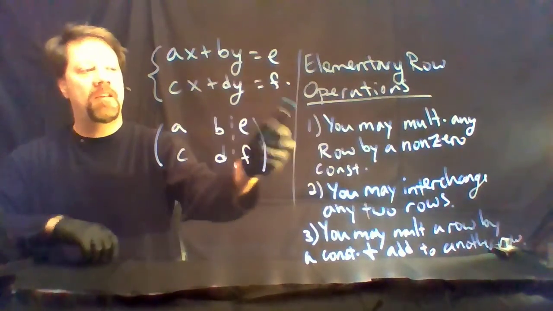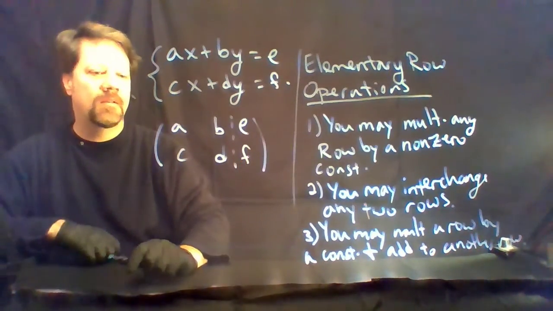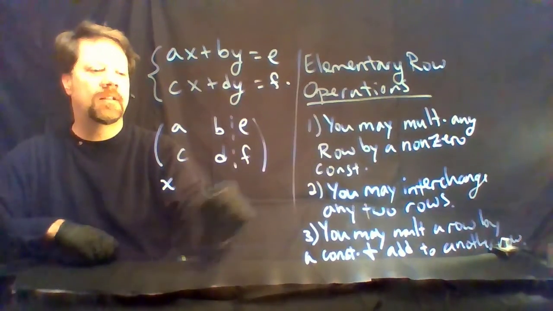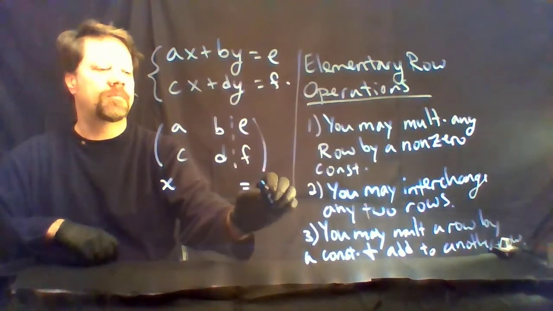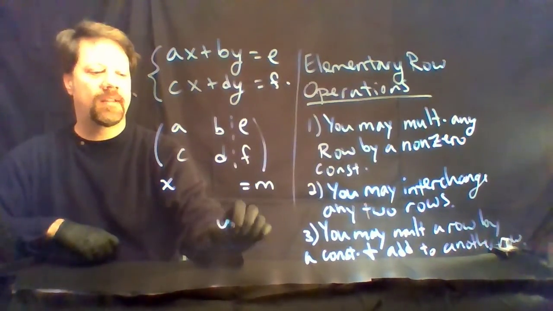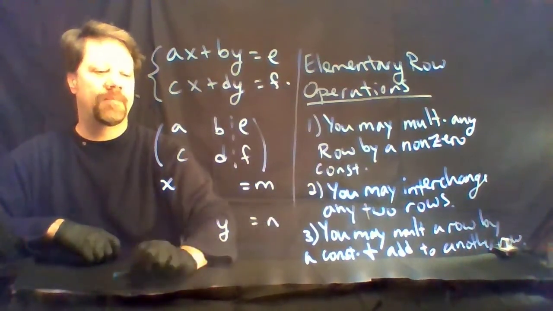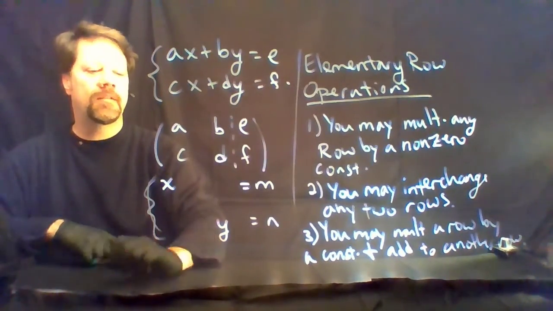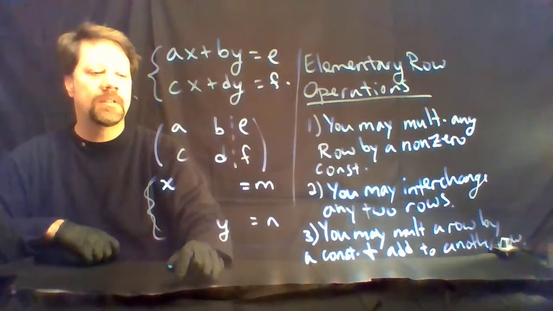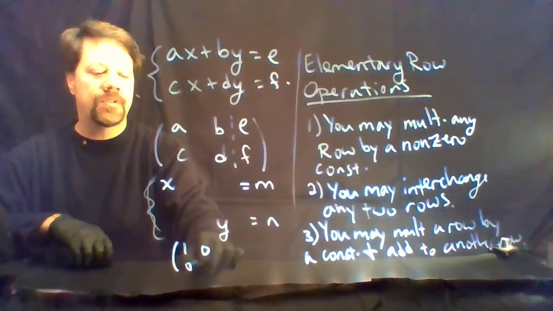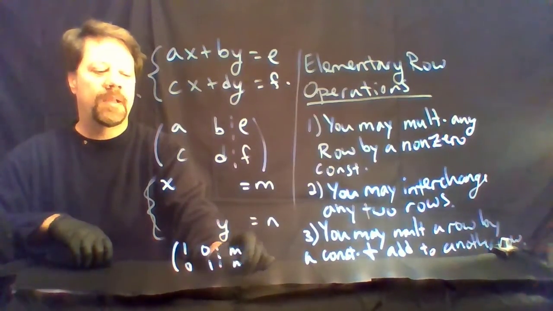The application of these row operations hopefully results in something that looks like, say, x equals m, and then y equals n. That would be equivalent, in the augmented array form, to something that looks like 1, 0, 0, 1, m, n.